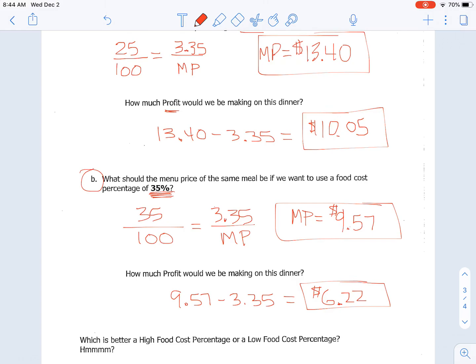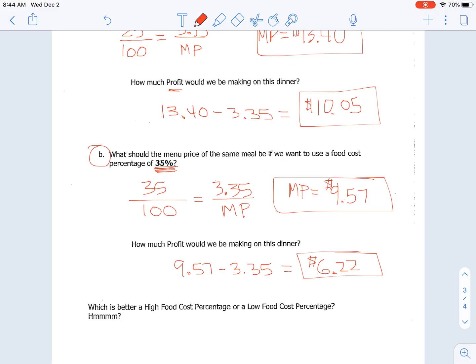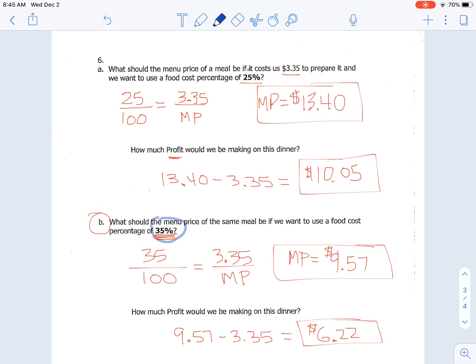So what I want you to look at, or think about, is what is better for us as the business owner? What is better, a high food cost percentage, like 35%, or a lower food cost percentage, like 25%?